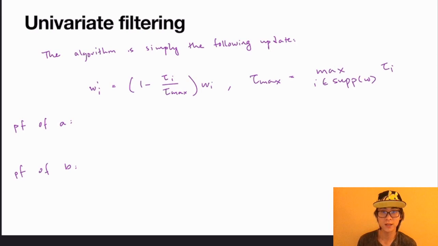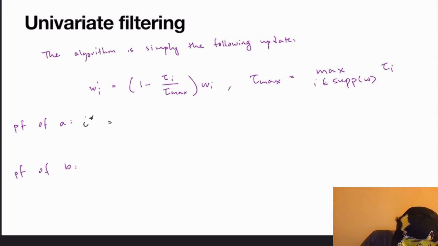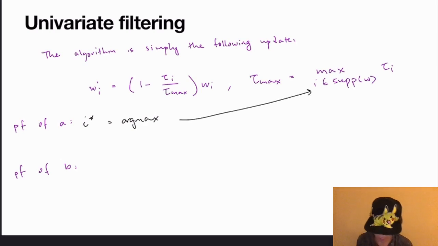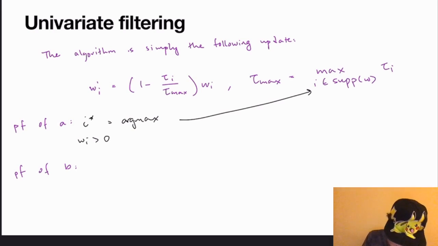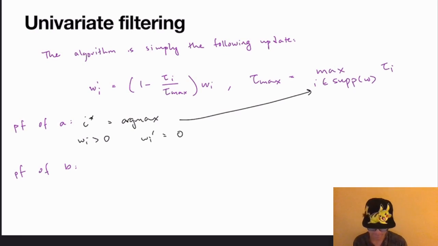To prove the strict containment, notice that if i star is any index that achieves this argmax here, then certainly we have that wi star is greater than 0 because i star is in the support of w, but by the nature of the update, wi star prime is equal to 0. So this proves that the size of the support is strictly decreasing.